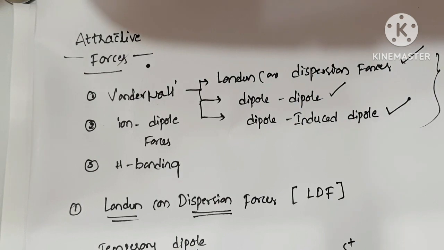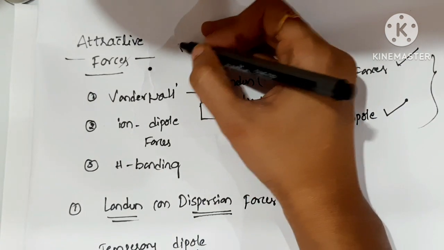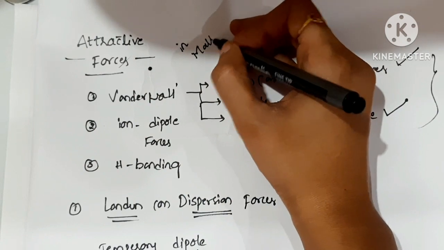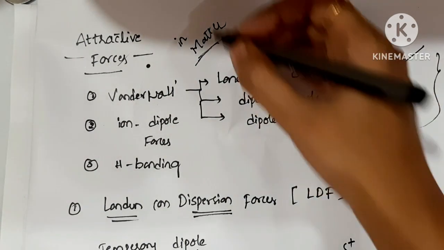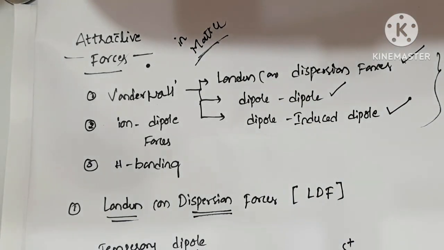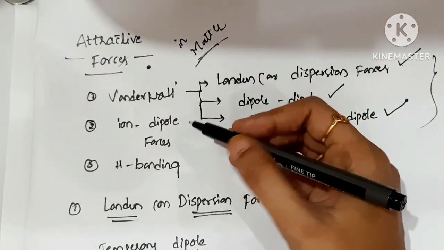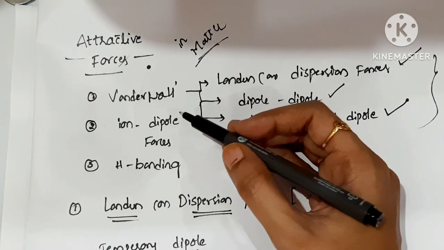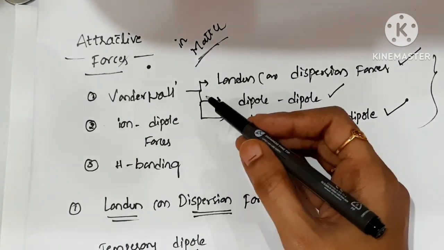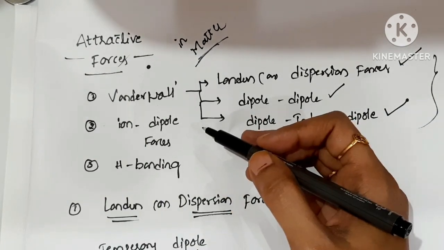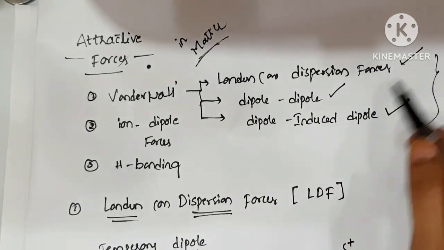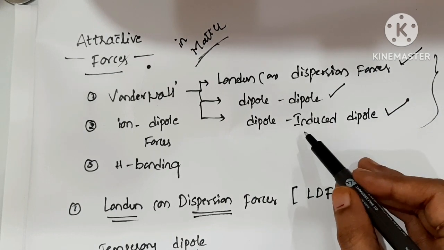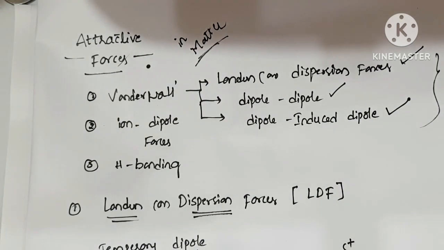Attractive forces between the interacting particles present in matter. There are many attractive forces, but among them van der Waals forces are there, ion-dipole forces are there, and hydrogen bonding, and many more. In van der Waals forces, London dispersion forces, dipole-dipole forces, and dipole-induced dipole forces are there.